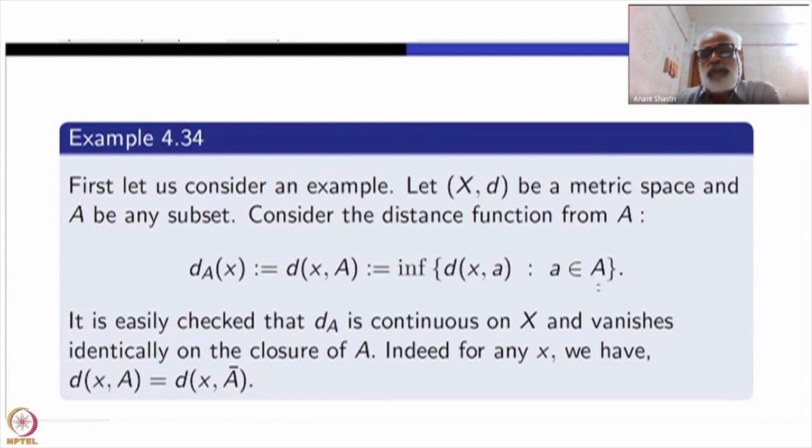So that is the distance from A. For the point x, the distance between x and A is defined like this. It is easily checked that d_A is continuous on the whole of X.